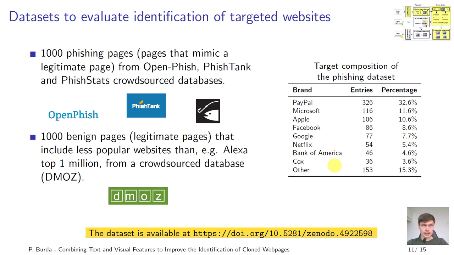For the benign pages, we use a crowdsourced repository of legitimate pages, the dmoz database, as an alternative to Alexa Top Million, because Alexa Top Million contains almost only popular pages. You can see on the right-hand side the distribution of the phishing pages for reference. And this dataset is available at the URL below.